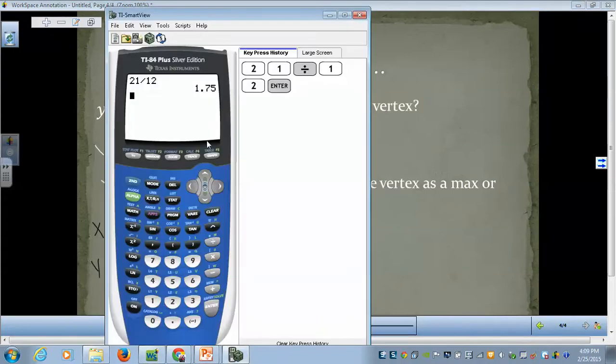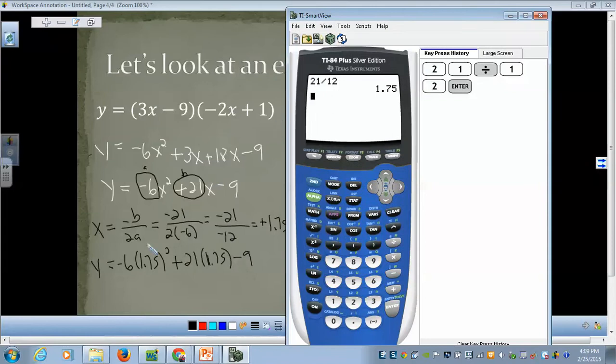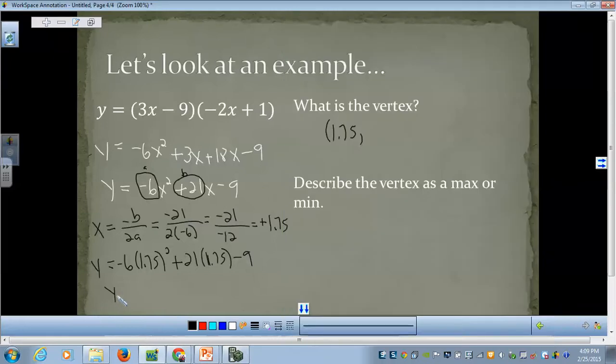I talked about this in class, that if you have a scientific calculator that allows you to put this all in one screen, it's really nice because I can just go negative 9, open parentheses, and basically type exactly what I wrote on my calculator, and that gives me an exact answer very quickly, as quick as you can type. So I hit enter here, 9.375, so y equals 9.375. That's the other part of my vertex.